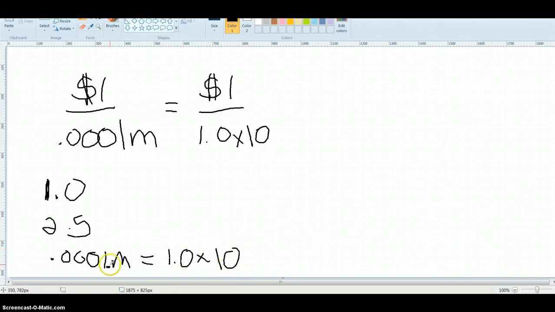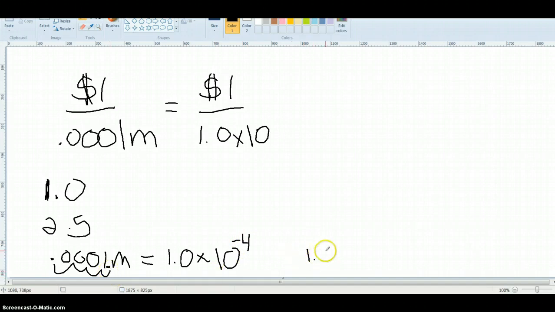The decimal moves 1, 2, 3, 4 times, and it's moving in the negative direction. Since this number is really small, the scientific notation is going to have a negative exponent.